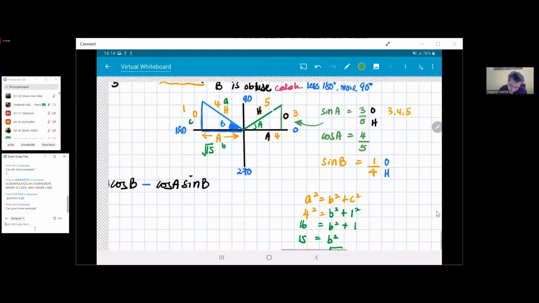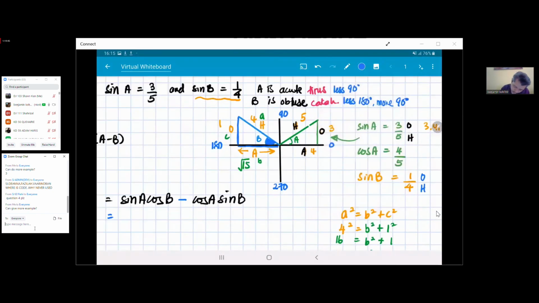We already know for the blue triangle, sin B equal to 1/4, right? That's your blue triangle. But from the blue triangle, I can also find cos B. Cos is AH. Can you see from the blue triangle that A is square root 15 over H is 4.